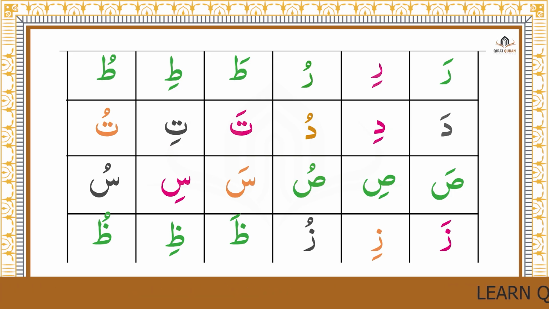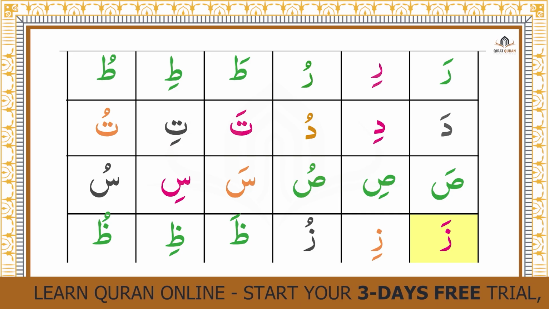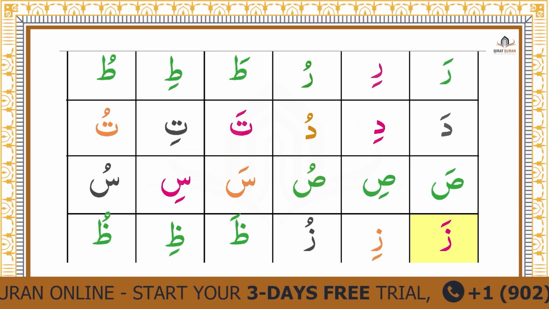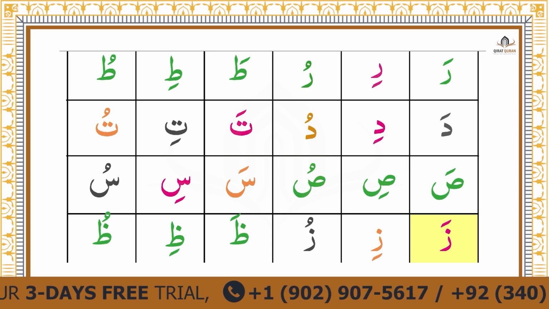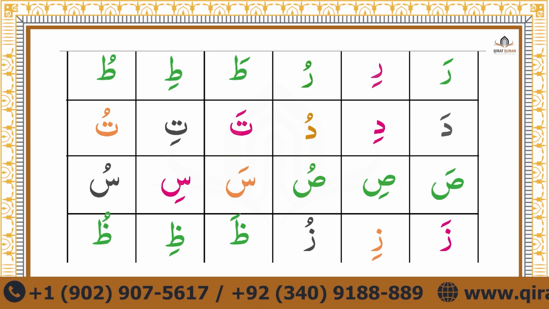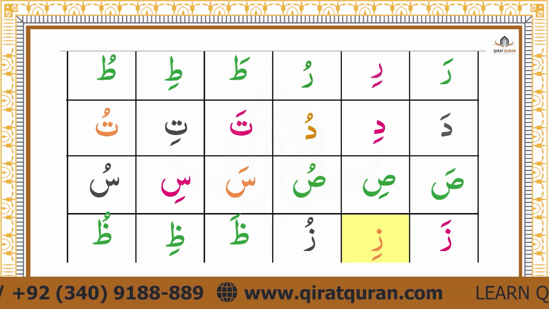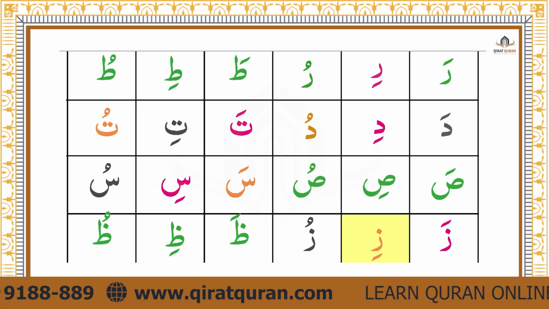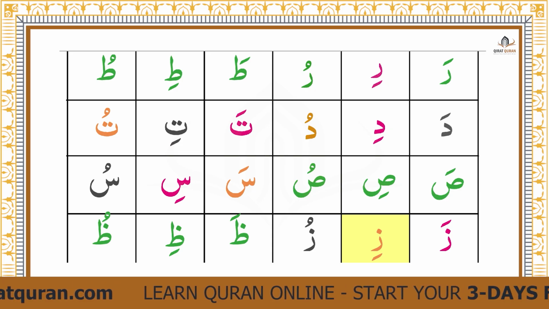Next letter we have is Za. And first up, Za has Fatha upon it. So Za, Fatha, Za. Then Za has Kasra underneath it. Za, Kasra, Zi.